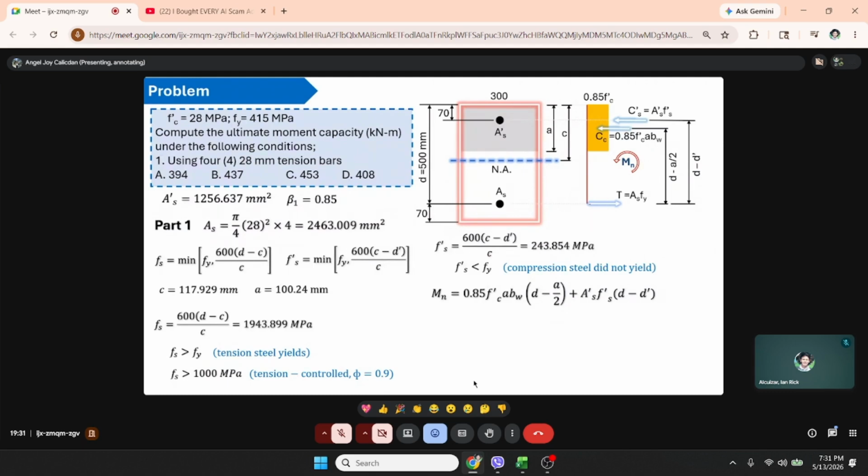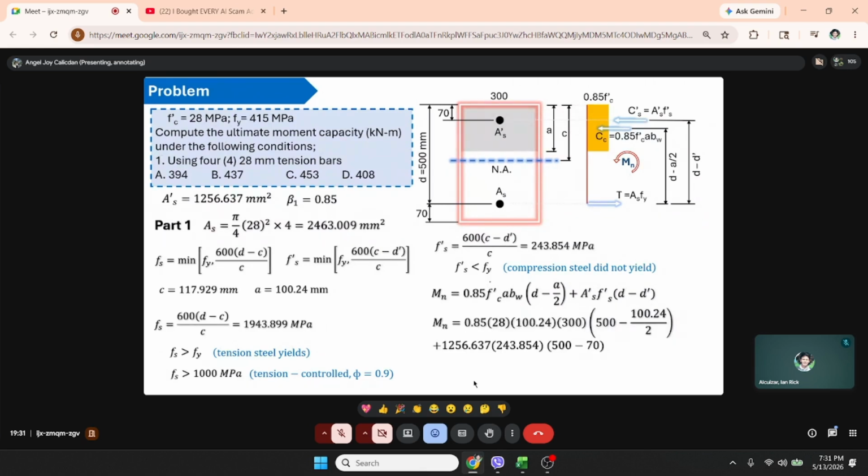So, mag-moment ta here sa T, tas mutuyok ang Cc o Cs prime. And moment arm for Cc is same ra d minus a over 2. And moment arm sa Cs prime is just d minus d prime.